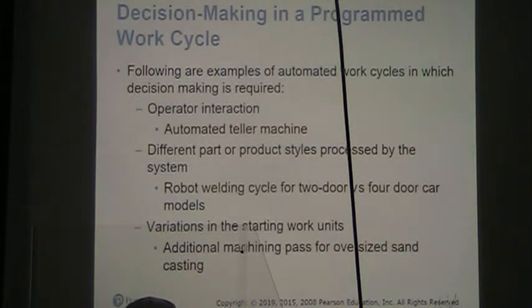Different part or product styles processed by the system. That may need a human to say, hey, execute program 1 or program 5 or whatever. The example they give is robots welding together cars.